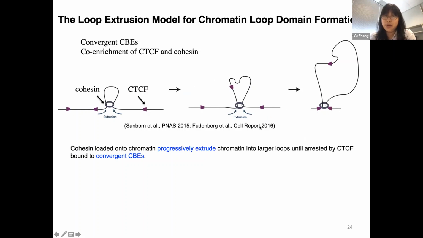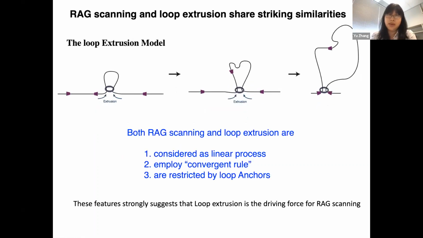Notably, since this is a linear process, it does not see CTCF of the same orientation, but only sees CTCF of convergent orientation. And this model has been supported by much evidence in recent years.